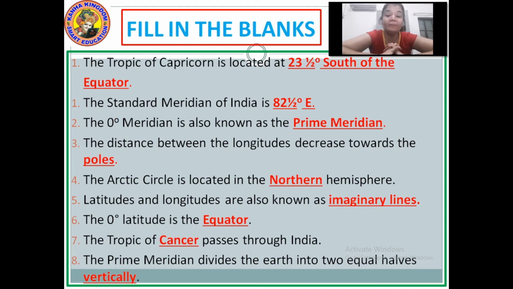Number 5, the Arctic Circle is located in the dash hemisphere.